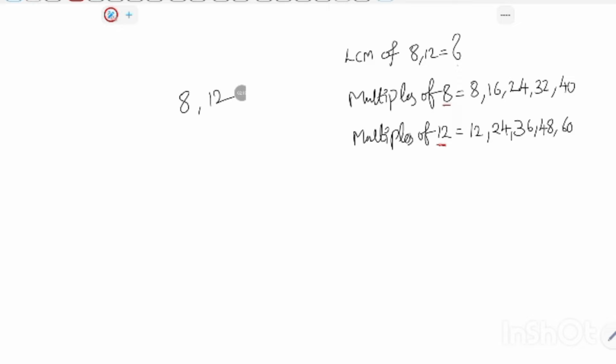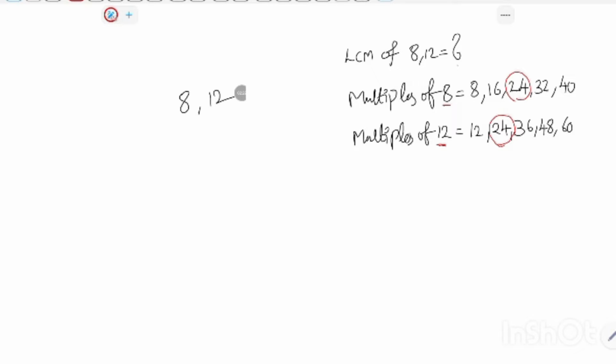Now I want to select the least common multiple. There are some common multiples we can observe here. Here it is 24, and here it is 24. So this is the least one.